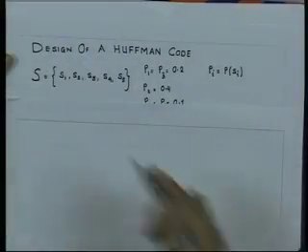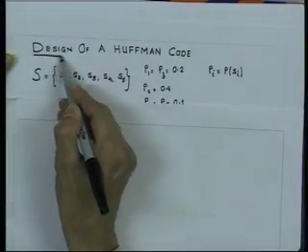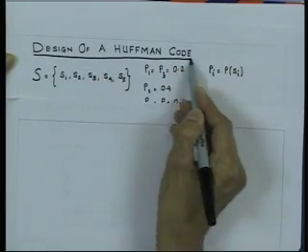Now, before we try to provide a formal proof showing that the Huffman code is really a compact code, let us try to understand a coding strategy based on Huffman. To do that, I take a simple example. We are looking at the design of a Huffman code.